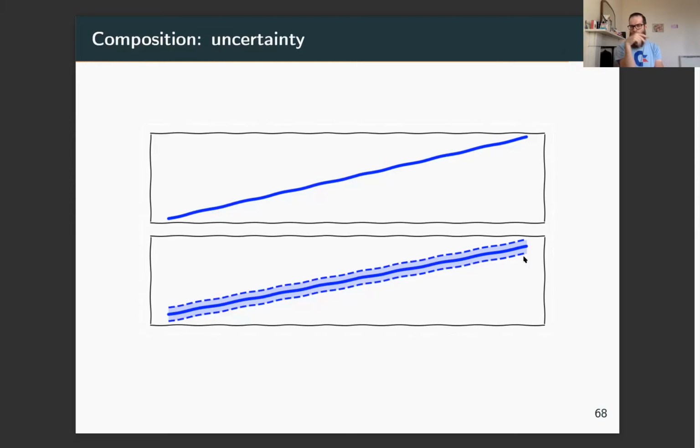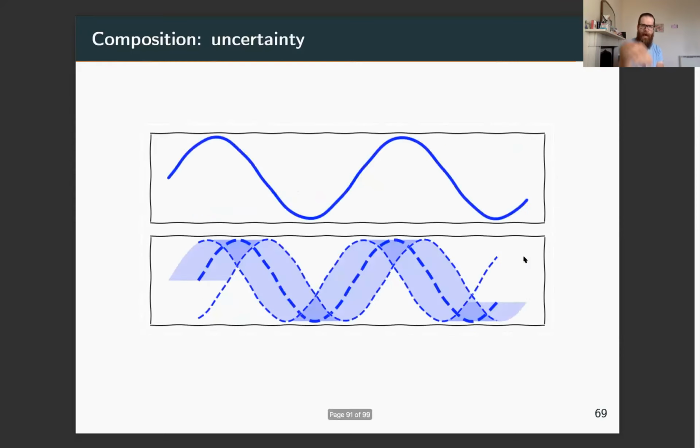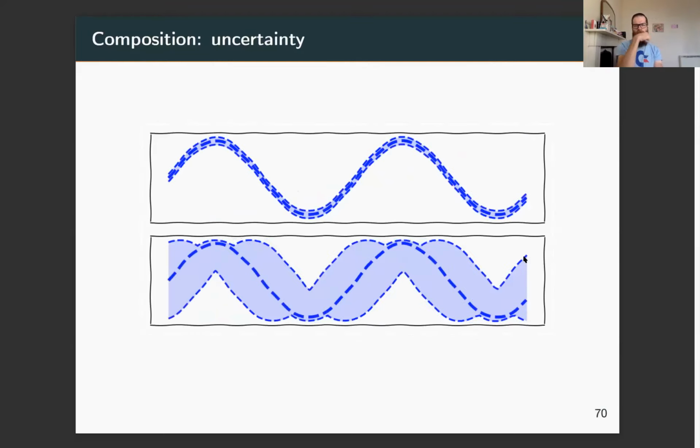I'm not really sure about where it goes, so I have a tiny bit of uncertainty. And now I push that through a sine function. So that would mean I wiggle, I move the x-axis like this. And if I now paint out this uncertainty, I'll get this thing here. But I'm also a little bit uncertain about the sine function. So now I have to add uncertainty to that. And now I push that through, I'm going to end up with this.